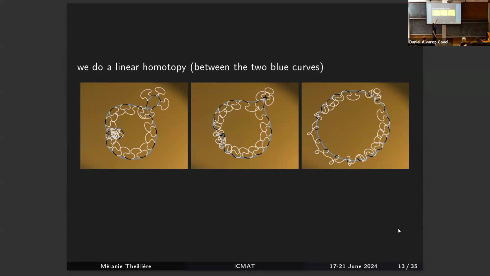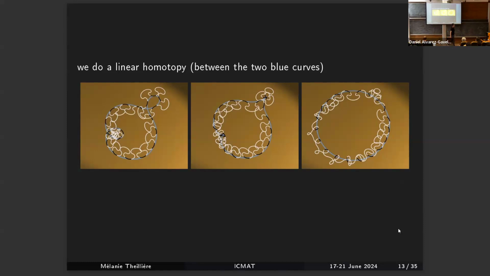So in light blue, we have the initial curve. We just do a linear homotopy, and we don't care if singular points appear. In fact, we have two singular points which appear, one there and one at the top. But since we added corrugation, we don't care. We could remove them really easily.